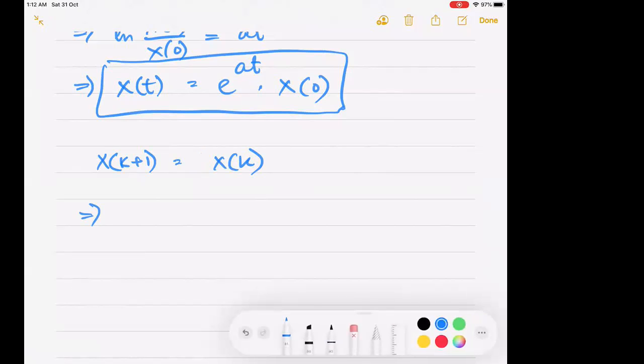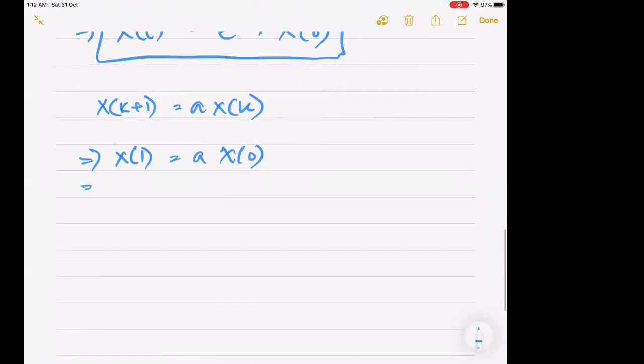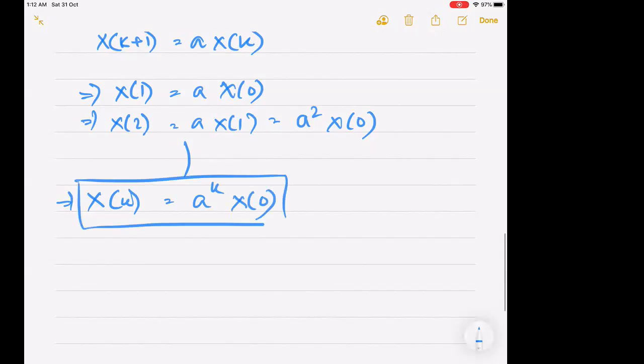So it just follows that x1 is a times x0, x2 is a times x1, which is the same as a squared times x0. And if you keep on doing this, you're going to find out that xk is nothing but a to the power k x0. That's the solution. So for the n equal to 1 case, it's absolutely simple.